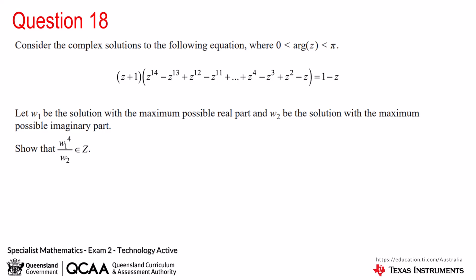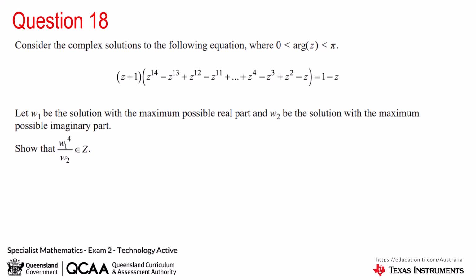It's z plus 1 multiplied by a bracket that includes z to the 14 minus z to the 13 all the way down to plus z squared minus z equals 1 minus z.